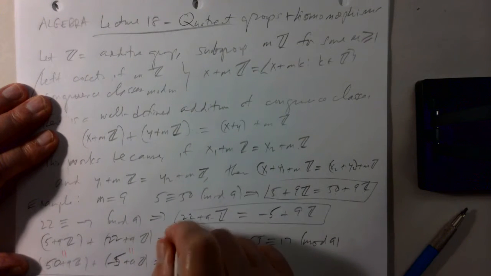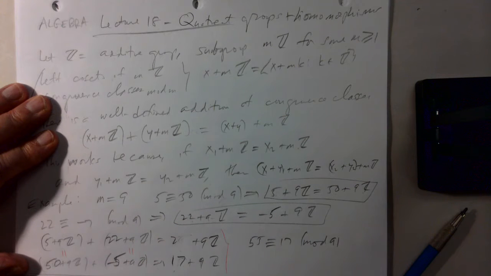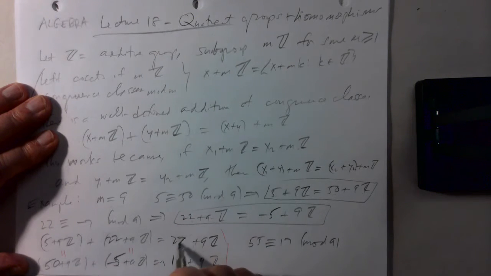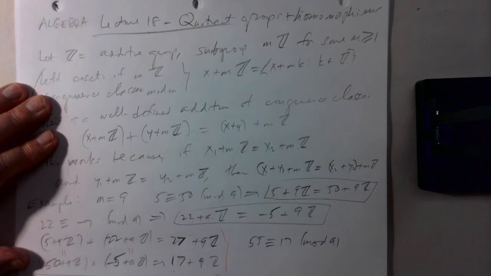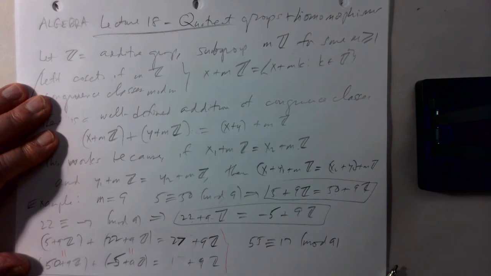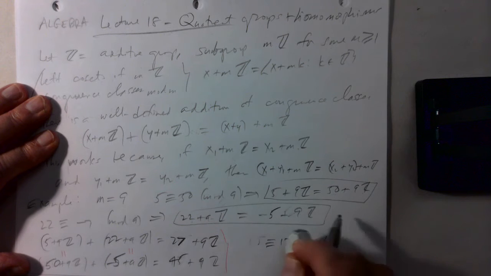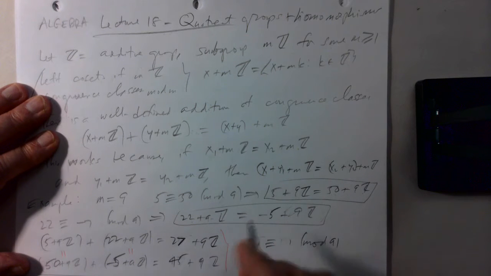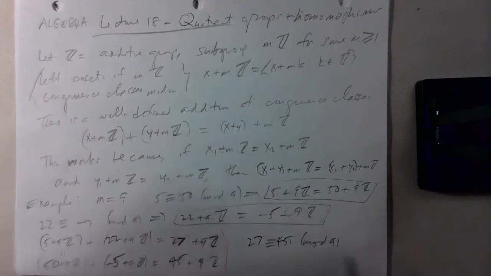My arithmetic is terrible today. And in fact, these are the same congruence class because 27 is congruent to 45 mod 9.